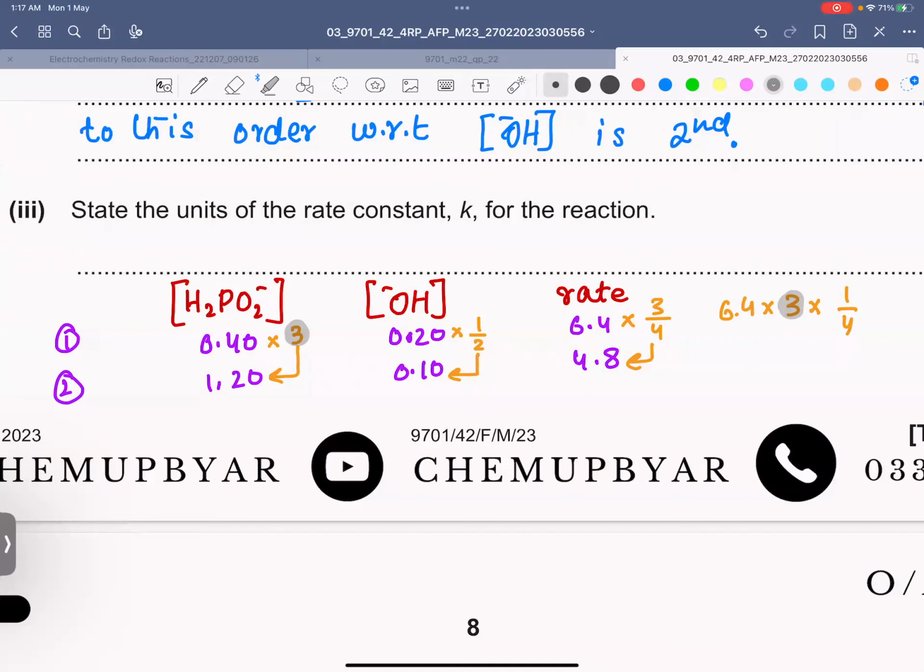Yes, sir. So the 1/4 change is actually caused by the hydroxide. If you take the square of 1/2, you will get 1/4. Okay, sir. Clear.